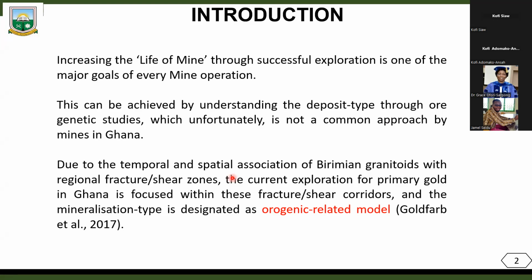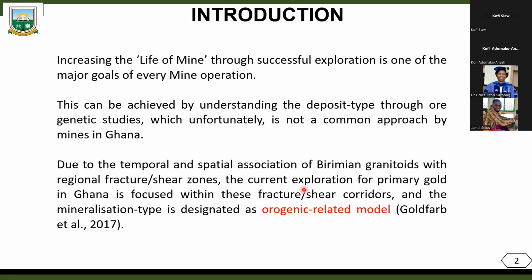These are what we call the orogenic related model, where orogeny means that mountain building processes in ancient time have created fractures within the earth crust, and then fluids that contain precious metals are able to access these fractures and then interact with various rock types and then deposit them.